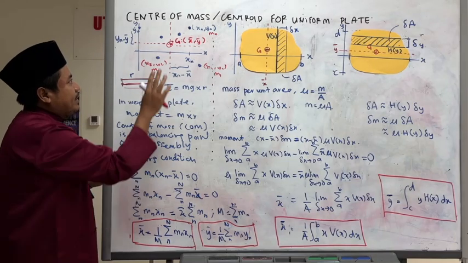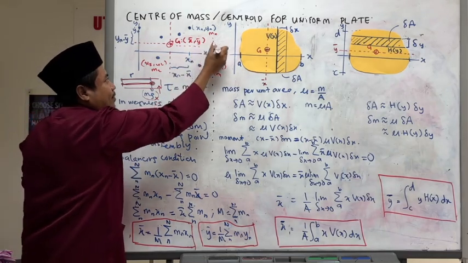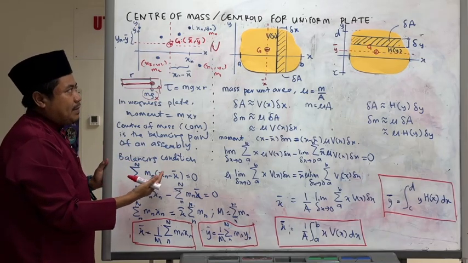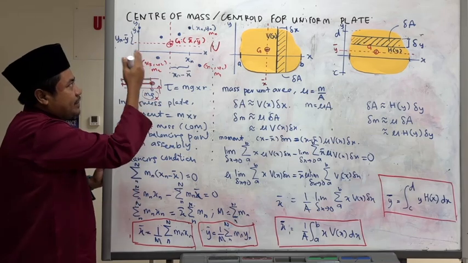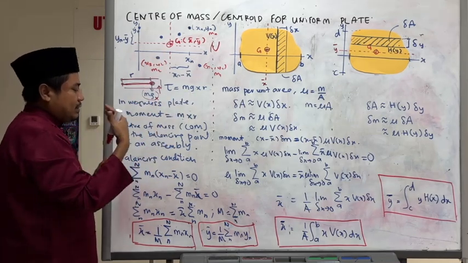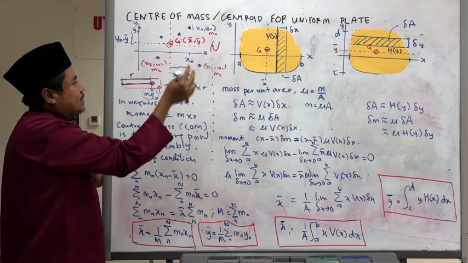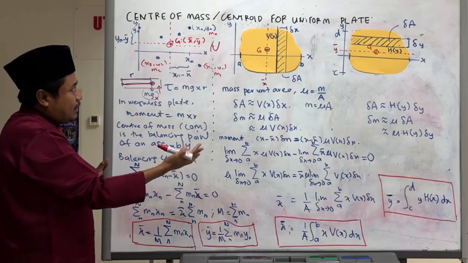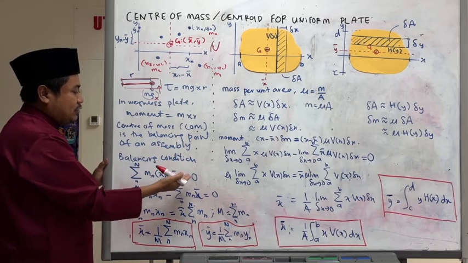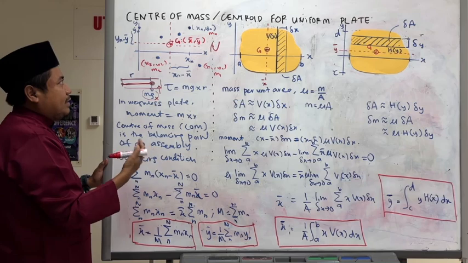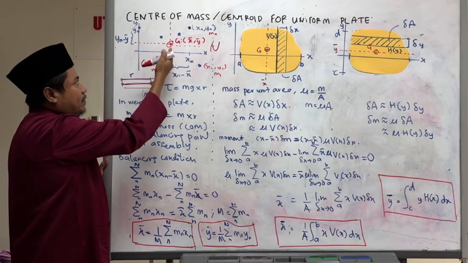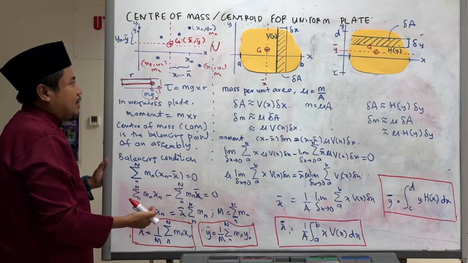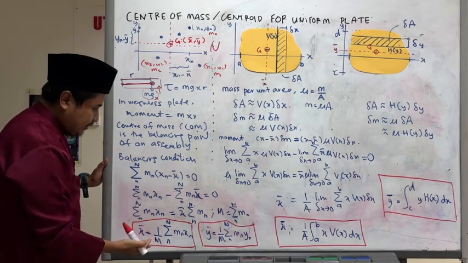But since we have n particles, we sum up each moment, and the sum of those moments about the center of mass must be equal to 0, so that the center of mass represents the center of this distribution.